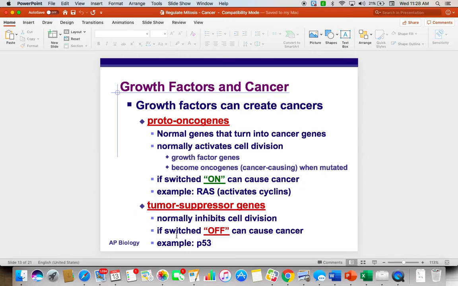If someone has cancer, these genes are not working. Okay? So in someone that has cancer, so someone that has breast cancer, for example, or brain cancer, these genes are not working and they're turned off. They're supposed to keep tumors from forming, but if someone has a tumor, they're not working.